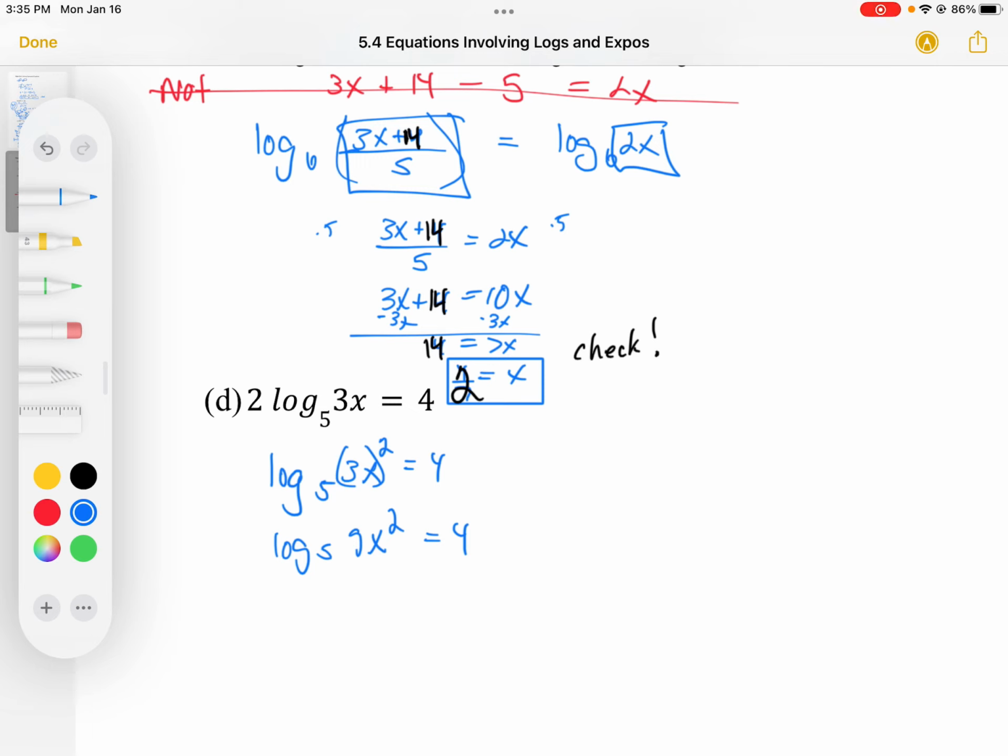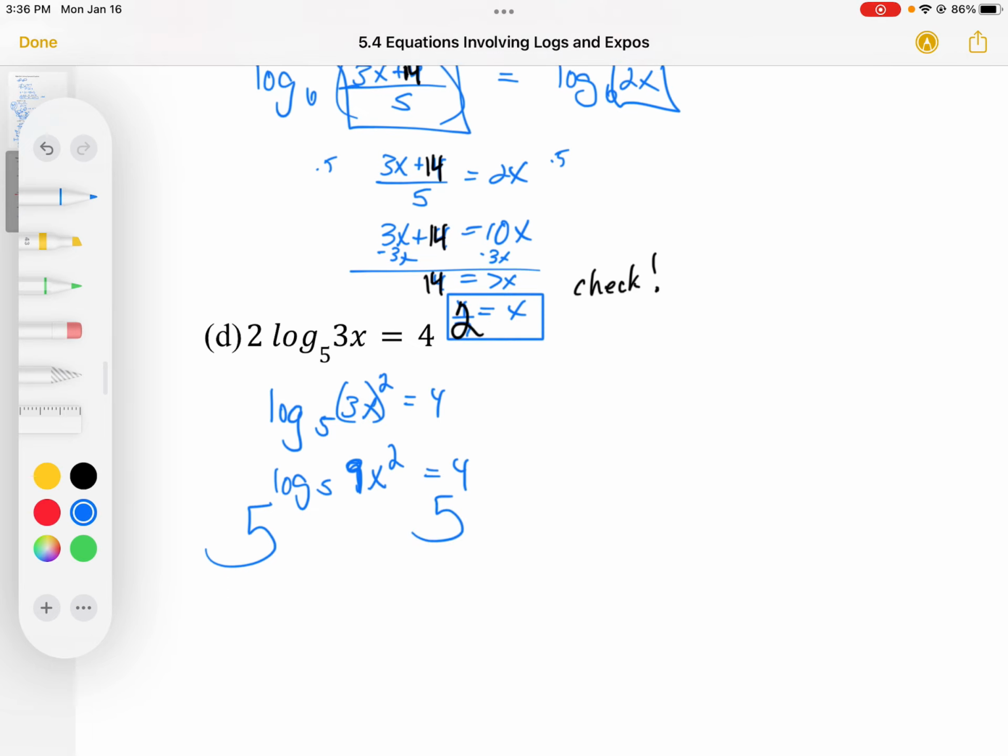And now, at this point, I am going to exponentiate both sides. I'm going to raise both sides to the 5th power. So that allows me to rewrite this as 9x squared is equal to 5 to the 4th power.